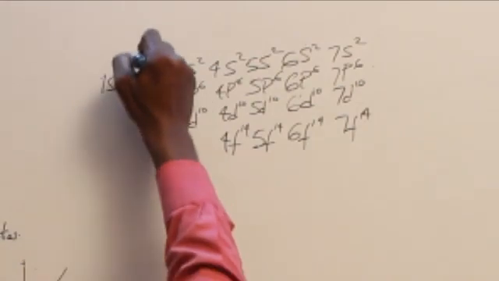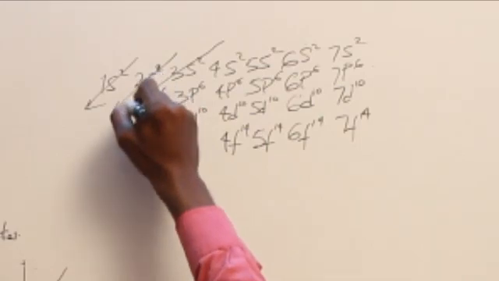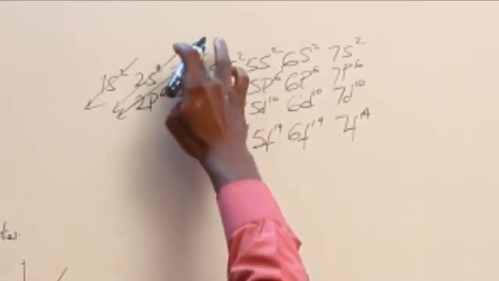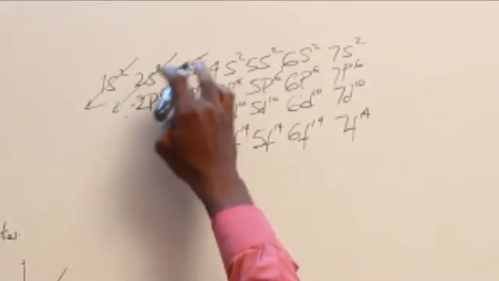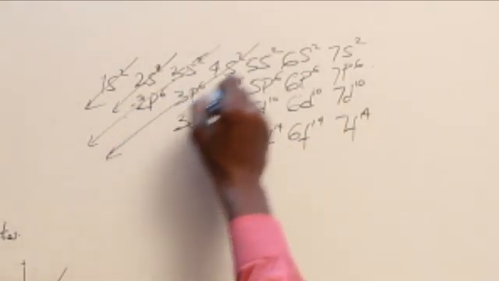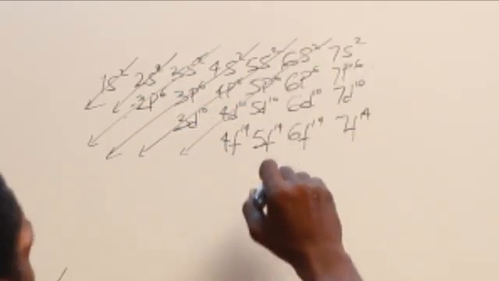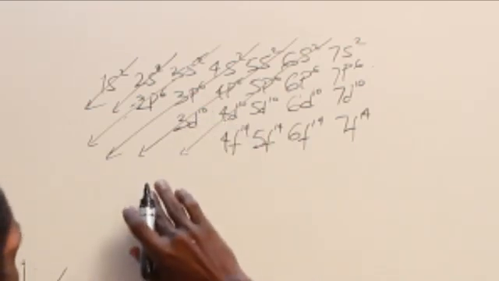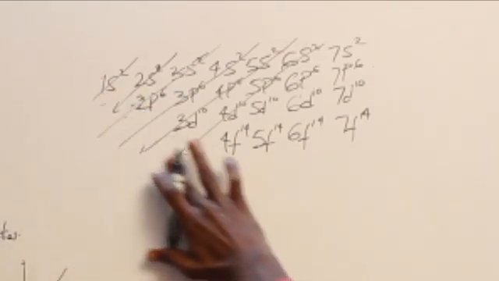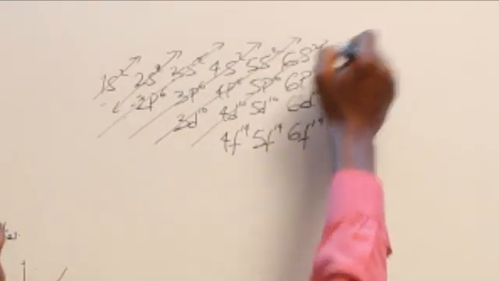So we'll cross out from bottom up, and that would tell us how the arrangement would be. Down upward, rather, not up downward, down upward.